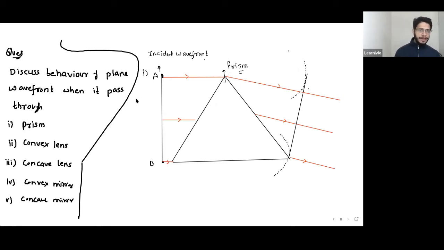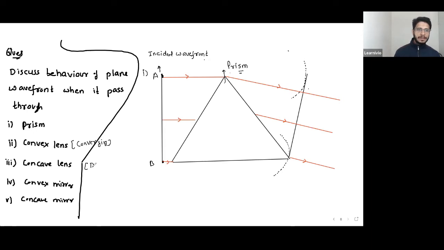Okay, for the next, I will use some direct concepts, like the convex lens. If you have to draw a wavefront for a convex lens, then you should know that a convex lens is converging. I will use shortcuts from now onwards. I will not use the entire Huygens principle. I'm just using some shortcuts. You know that a convex lens is converging. So if you insert a plane wavefront on the convex lens, it gets converged.